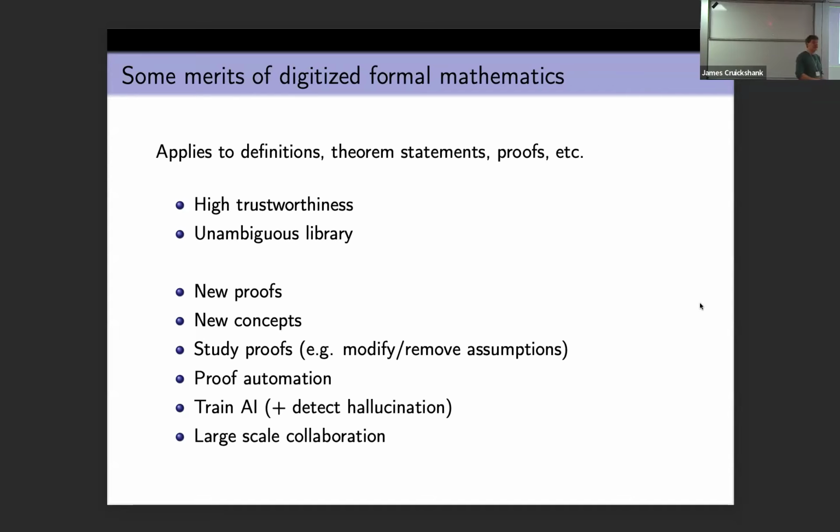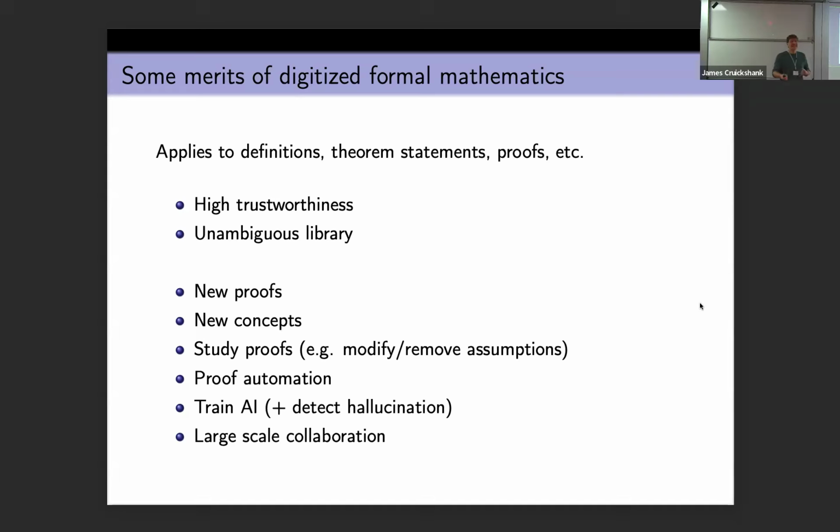Of course, you can try to train AI on PDFs or on the arXiv, but it's still quite imprecise. If you have a very precise digitized form of mathematics, like you would have if you formalize mathematics, then this is very good for AI to train on. So if you want the computer to help you more with proof automation, you better train it more, so you better have more non-trivial mathematics formalized.